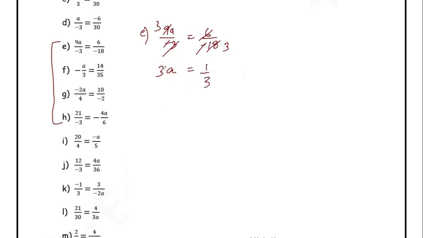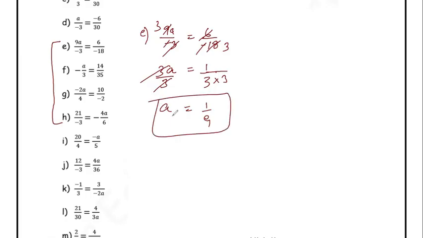Now you want to divide 3 on both sides, yes? So I can write it this way. 3 and 3 go, A is equal to 1 by 9. F. Negative A upon 3 is equal to 14 over 35.